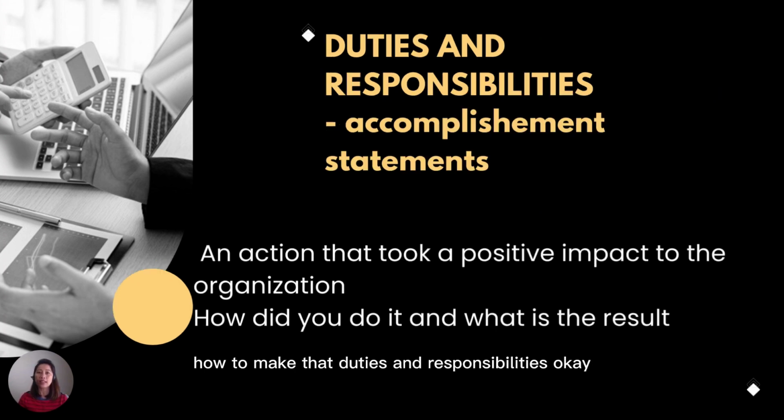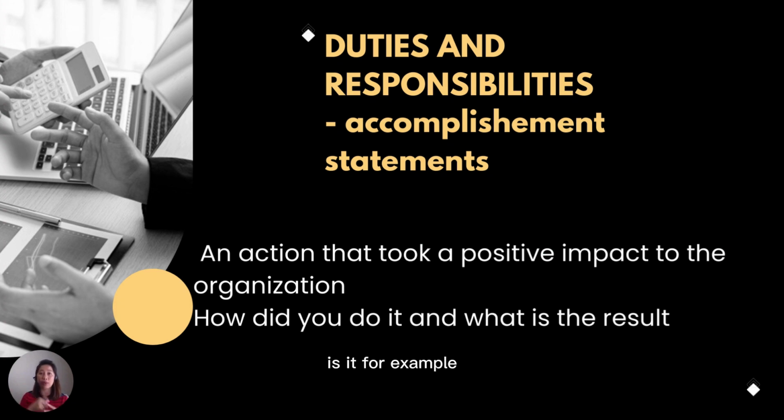Next, how to write your duties and responsibilities. Okay, before that, on your employment history, you just need to indicate the company name and the business sector, for example, fast food industry, or hotel and restaurant, and then slash the city, not the whole address of the business.